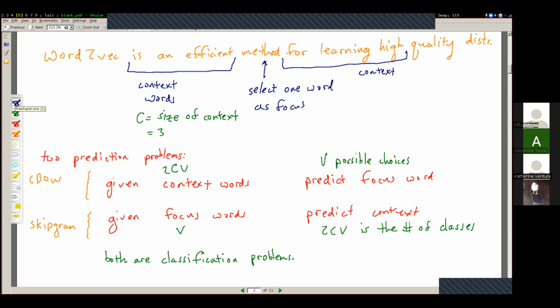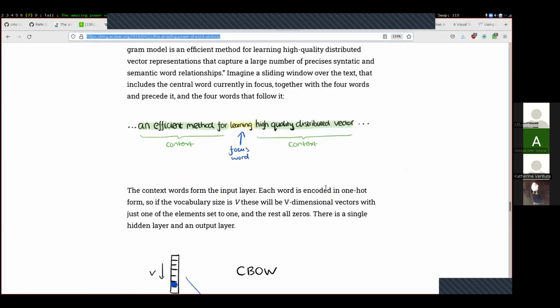Okay, now that we have a data set, the way that we use that data set is you create neural networks.